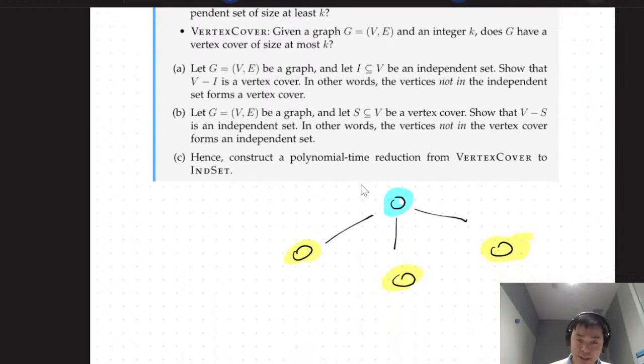So for example, the blue vertex itself is already a vertex cover, because if you look at every edge in my graph, you can see that all of these edges have an endpoint that's in S, which is my blue vertex. Cool.